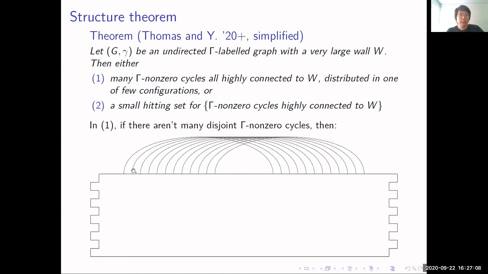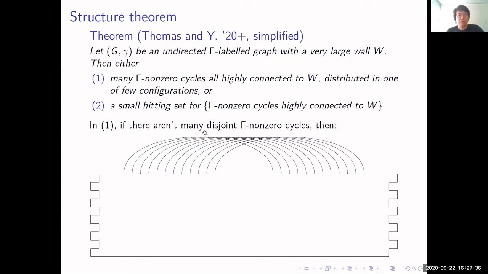If each of these paths is non-zero, but has order 2, and if everything inside this wall is 0, then you cannot find many disjoint ones. You can't find even 2 disjoint non-zero cycles, because this is essentially the odd cycle counterexample. This can also be embedded on the projective plane.